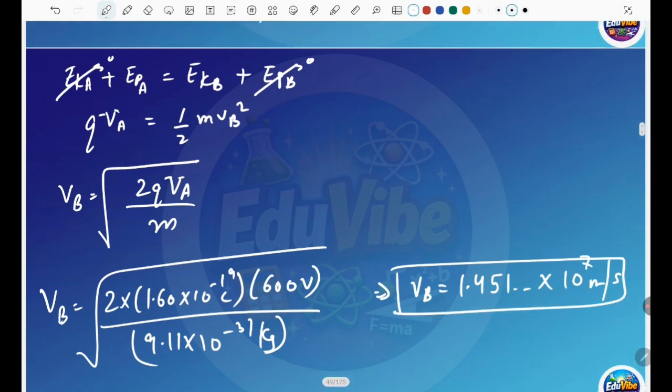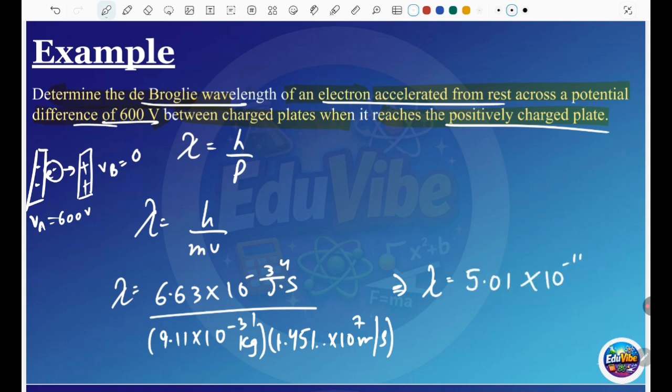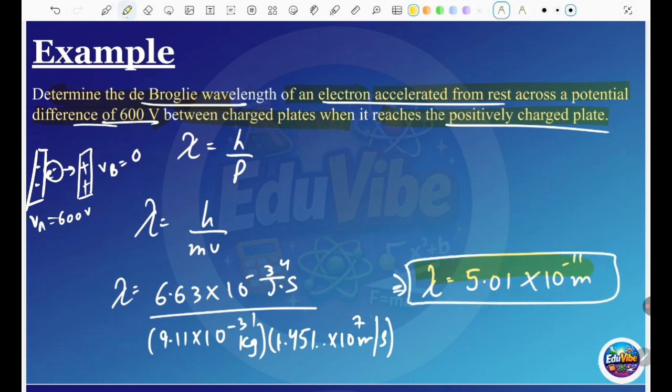This is your VB, and this is your v, so you put it over there. 1.451 times 10 raised to power 7 meters per second. When you calculate this, you get your wavelength of about 5.01 times 10 raised to power minus 11 meters. So this is your wavelength.